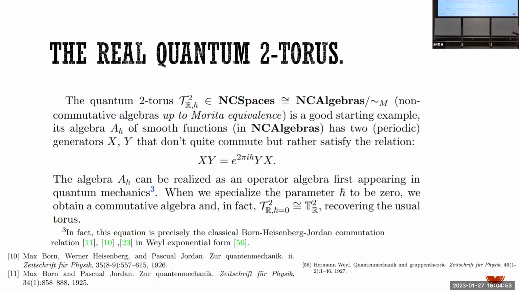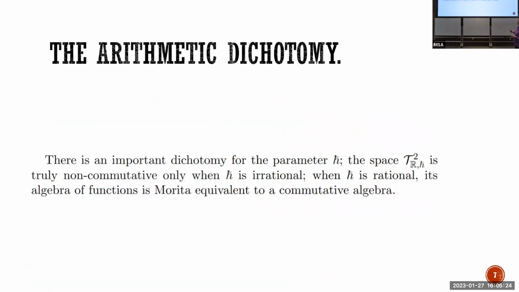And you have the two generators, xy equals, well, not xy, yx, with this factor that appears, e to the 2 pi i h bar. Well, h bar is a real number.